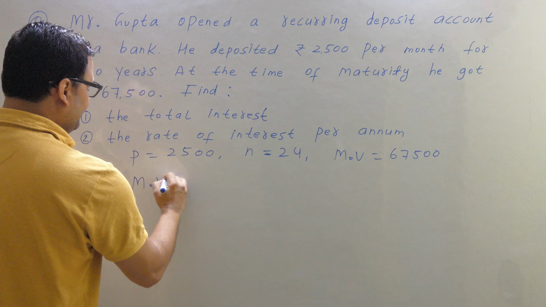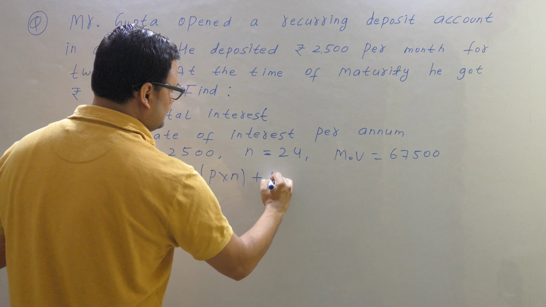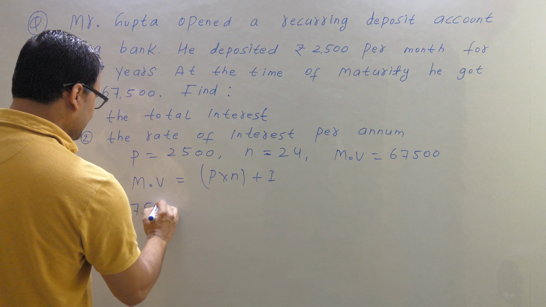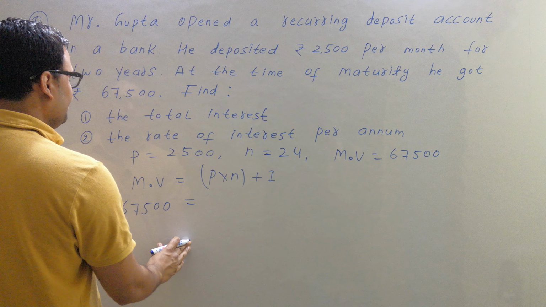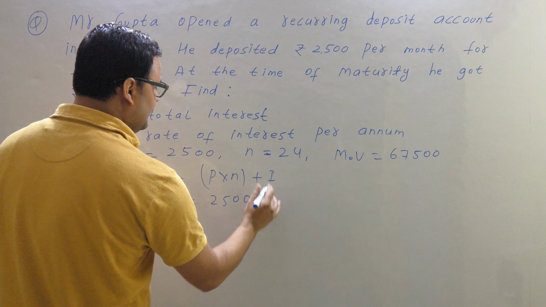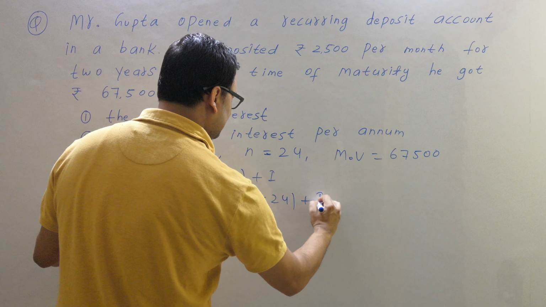We know the MV formula is P into N plus I. So we are going to just put the data: 67,500 equals P, the monthly installment, into the number of months, plus I.